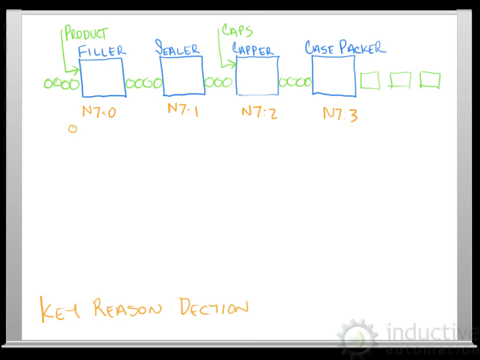And let's remember 0 is stop, 1 is run, and we had like 2 no product, 4 e-stop, and so on and so forth. But let's say 25 was out feed backup.